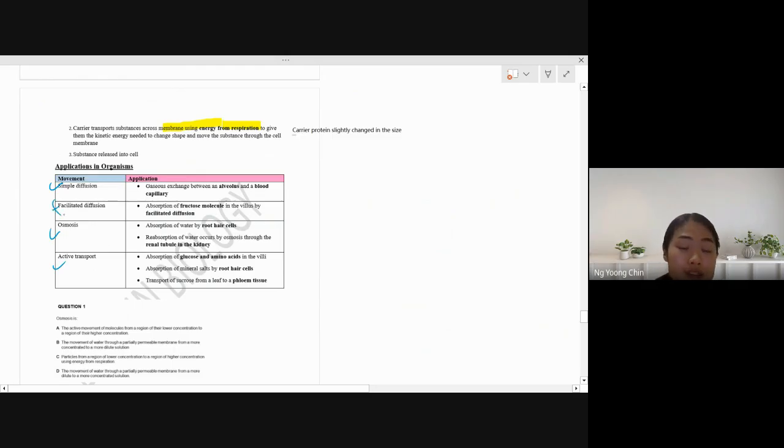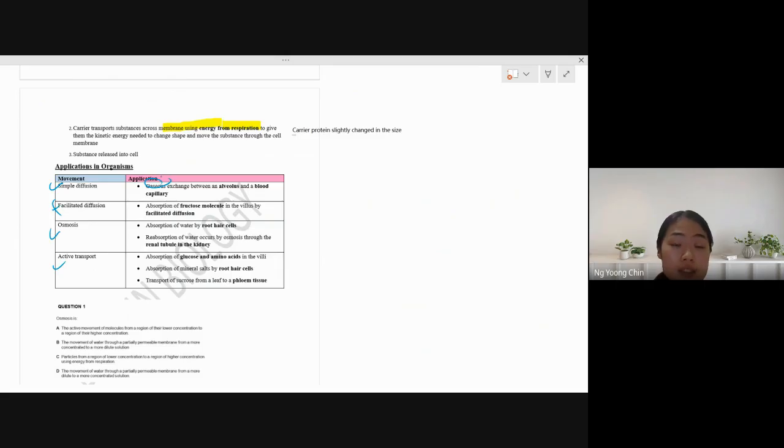Facilitated diffusion is not in your IGCSE syllabus. You only learn about simple diffusion, osmosis, and active transport. Simple diffusion only involves small, simple molecules, for example, gas exchange, and also any kind of gaseous exchange in the plant.